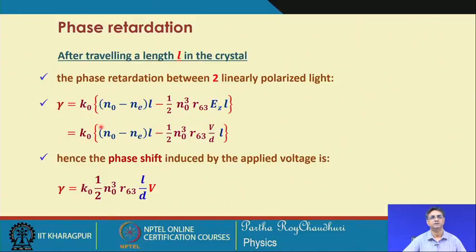As I have mentioned, this is the fixed phase which is staying back just because of the refractive indices of ordinary and extraordinary light without any electric field, and this is the phase. Hence the phase shift induced by the applied voltage is this. This is the phase shift, only this quantity. This is not changing, this is the base phase, the fixed DC phase, and this is the phase which is oscillating, which is changing with the voltage.